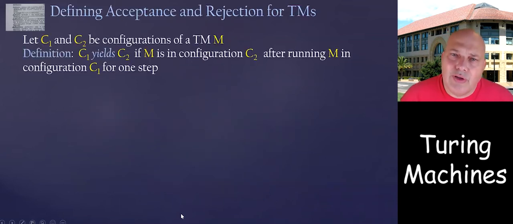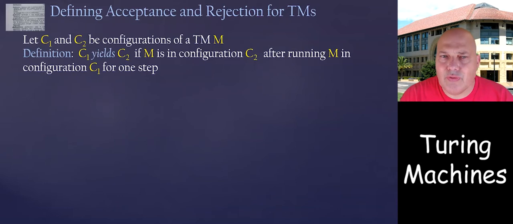Okay, so with this notion of a configuration, we can define what it means for a Turing machine to accept, and what it means for a Turing machine to reject. So we'll start by defining a relation between two configurations.